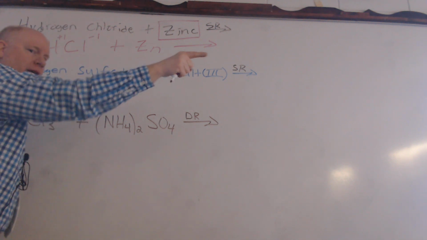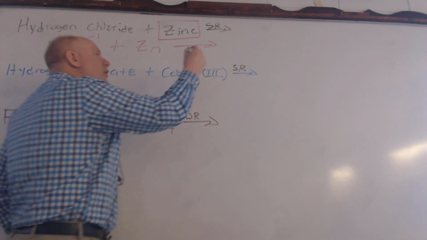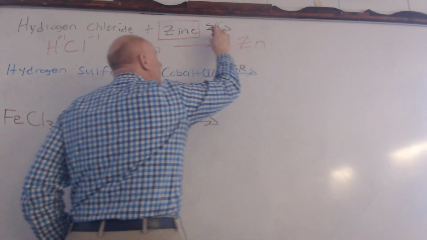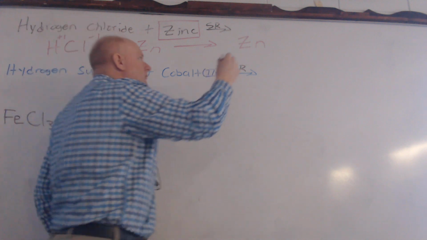Okay? So can two positive charges bond together? No, they cannot. So what is the only thing zinc can replace? Hydrogen. It has to go with chlorine. So you correctly said zinc in this reaction will replace that hydrogen.